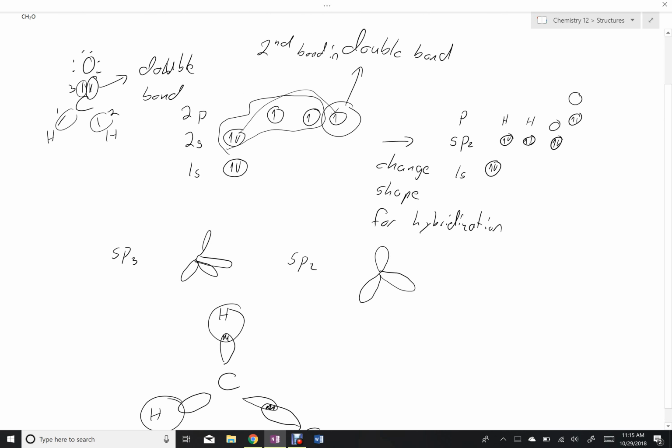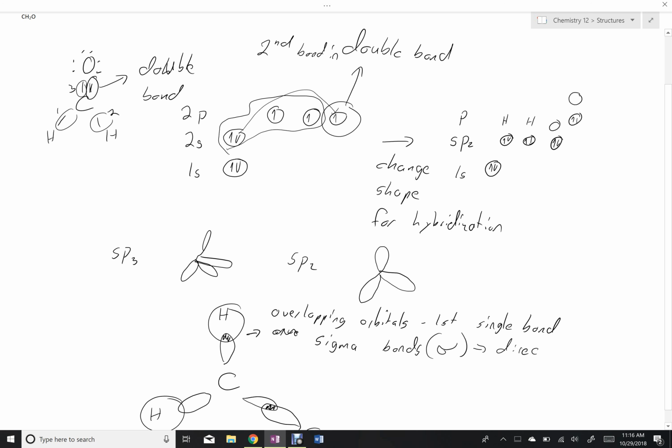These bonds, where we have overlapping orbitals, they're the first bond in a bond, first single bond. We call these guys sigma bonds. They get this funny symbol, sigma, and they represent a direct sharing of electrons.